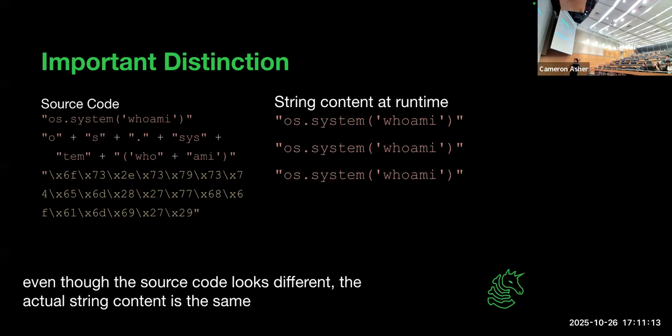And this one is similar, but I split up all the dangerous strings. So this is the source code, and then this is the result of the operation at runtime. And same thing, I encoded as text. And you can see, even though their source code representation is different, the content at runtime is the same. So if you eval this code, it would all do the same thing. And you'll see why that's important.